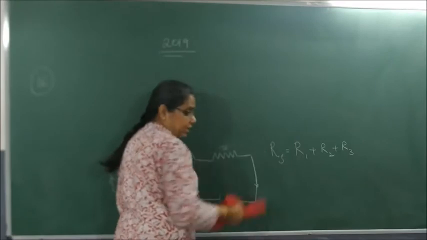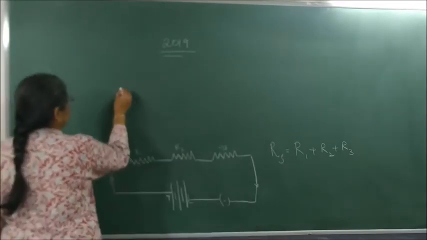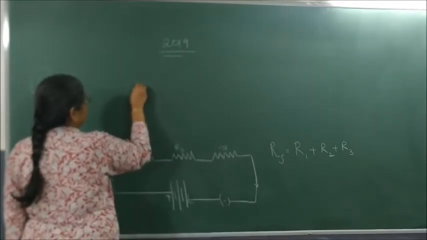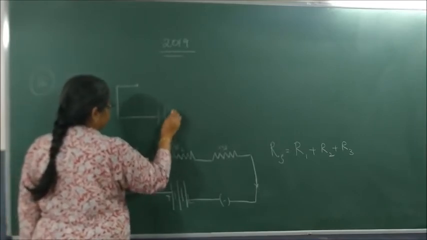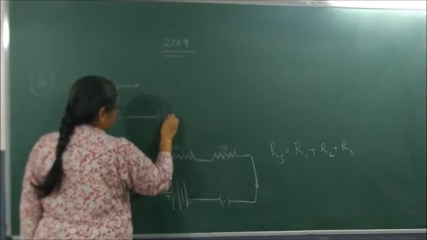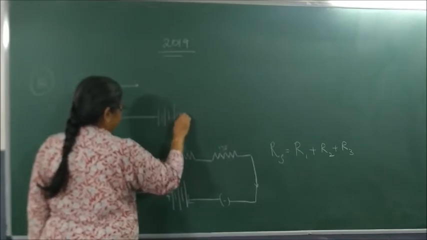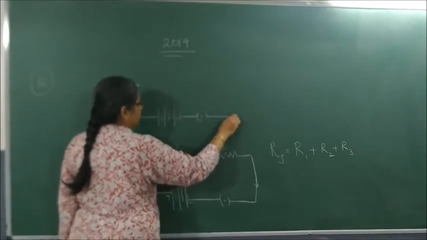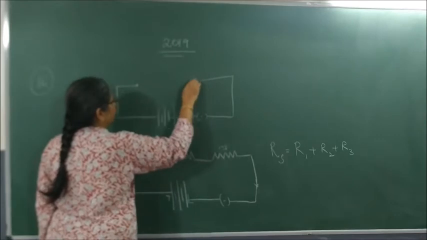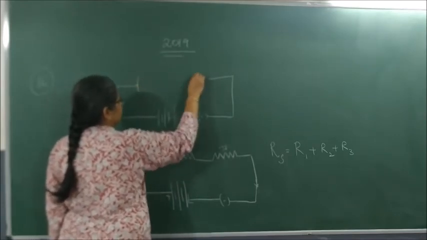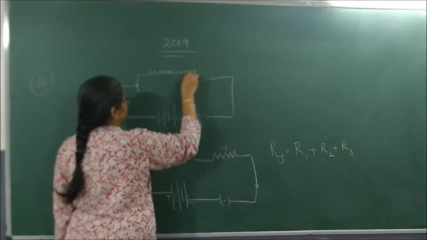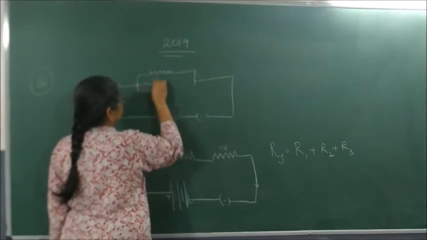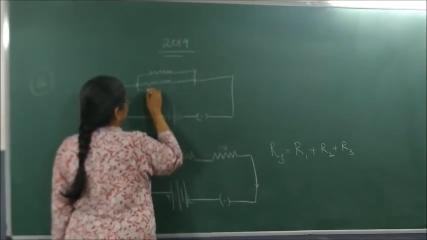The next part, when they are connected in parallel, we will write on the top. When they are connected in parallel, what we do here is we take 2 points. Again, they are connected in parallel using a plug key. Bring it up to this point and then you can write like this: R1, R2 and R3.